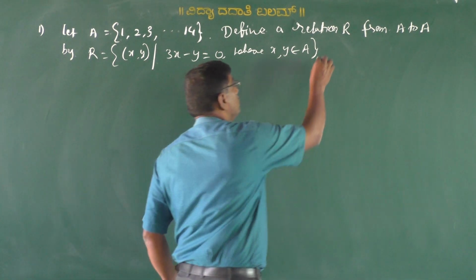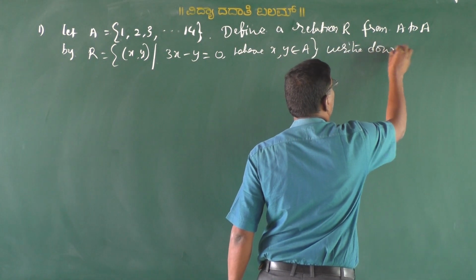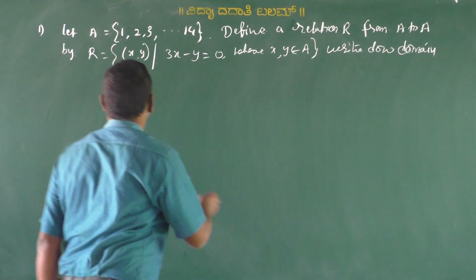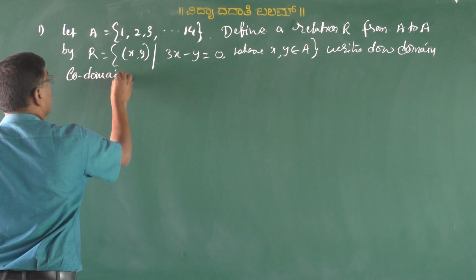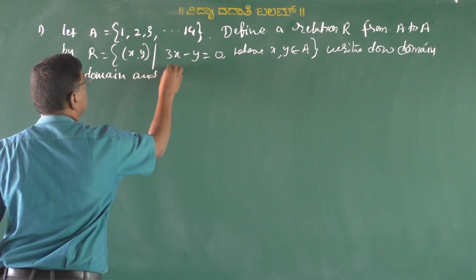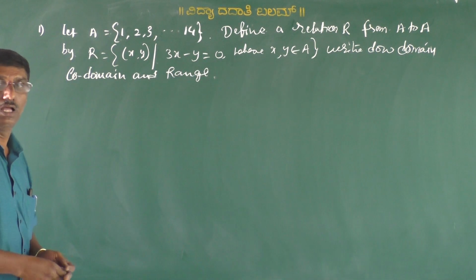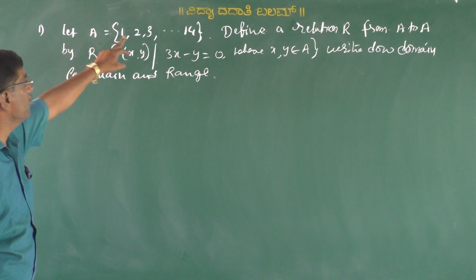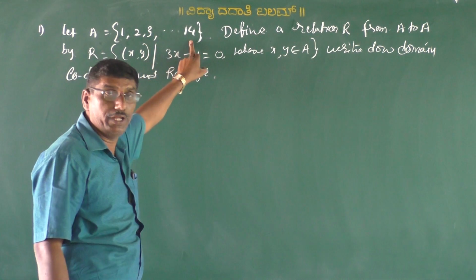This is the question. I am going to read it once again. Let A be the given set, the set of all 1, 2, 3, and so on up to 14.